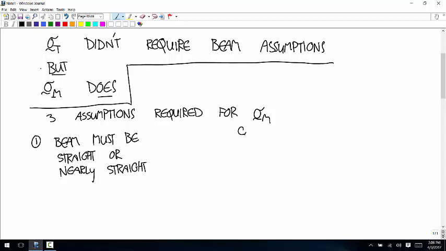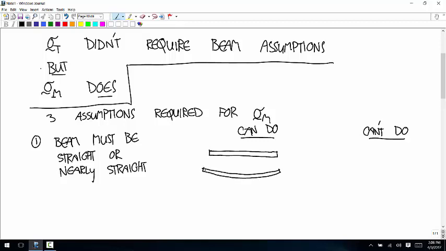So here's the can do, and here's the can't do. I'm going to draw pictures for each of these. We can do this. We can also do this. That's pretty close to straight.